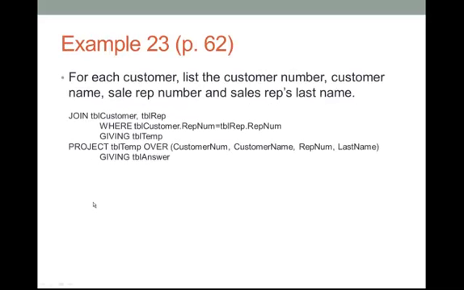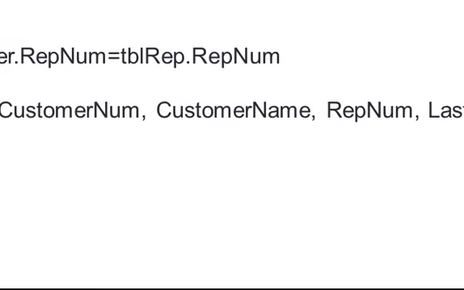So the example 23 on page 62 starts off very simply. For every customer, list the customer number, customer name, sales rep number, and sales rep's last name. A join command is always going to have a where. So what I'm doing is I'm saying join these two tables right here, and I could list other tables if I needed to and be a little more complicated, but I'm joining the customer and the rep table where the rep number equals the rep number.